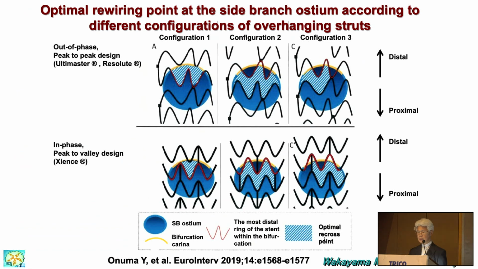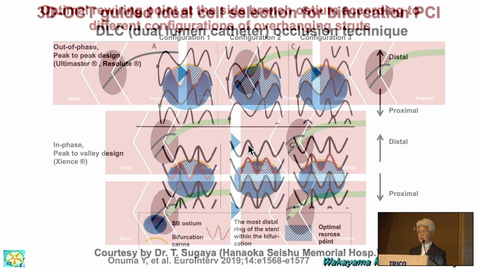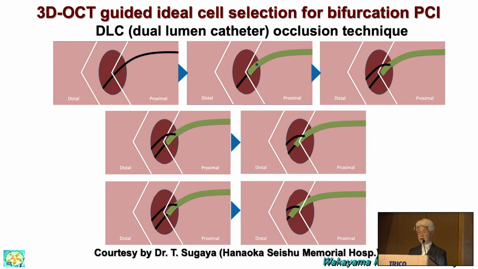And there are some recommendations on which cell we have to select, as shown in this slide. So in a blind way we can select this ideal cell nearly 50% or 60%.